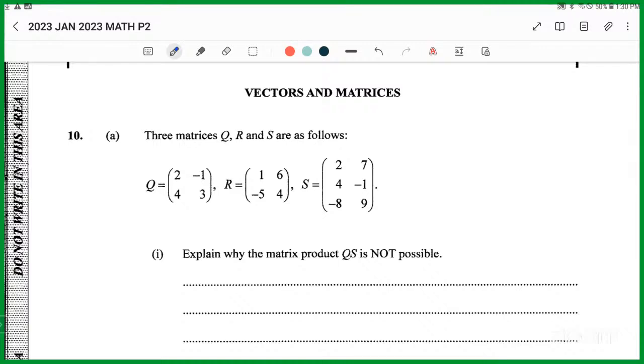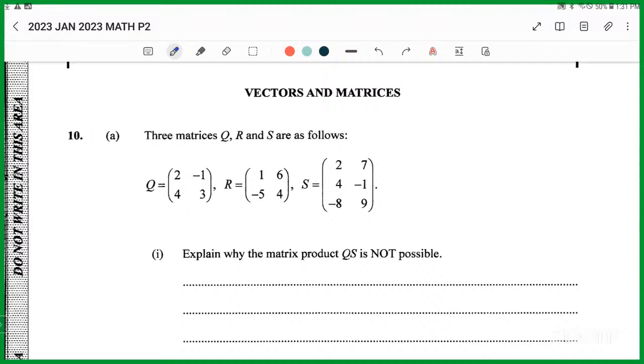All right. So this is a matrices question now. They give us these 2 by 2 matrices, and this is a 3 by 2 matrix. It has 3 rows and 2 columns. It says, explain why the matrix product QS is not possible. Remember, it has to be conformable.